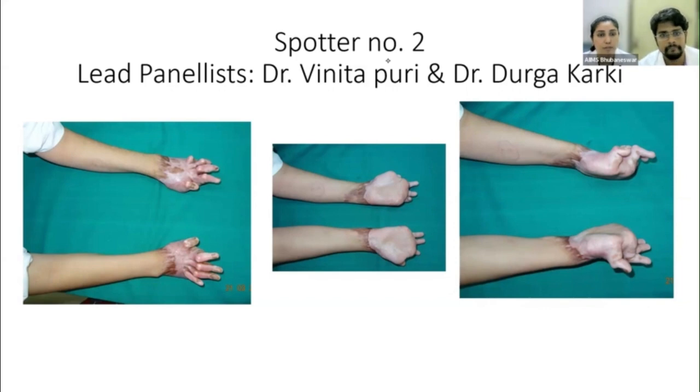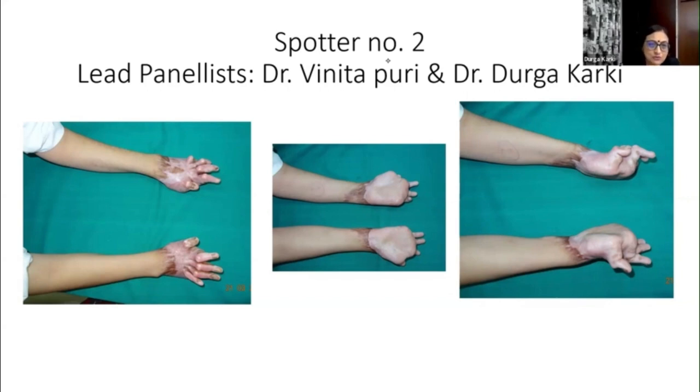Pliability of the joint, whether the joints are supple. Anything more? Loss of the metacarpal arches, reversal of the metacarpal arches. Which arches? Distal transverse metacarpal arch. Okay. Anything more?